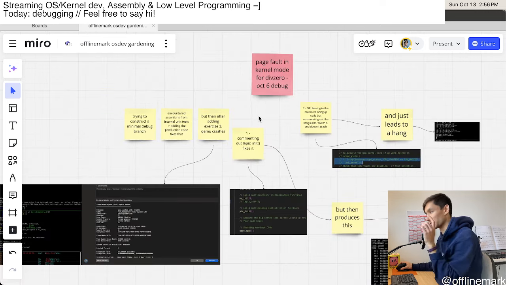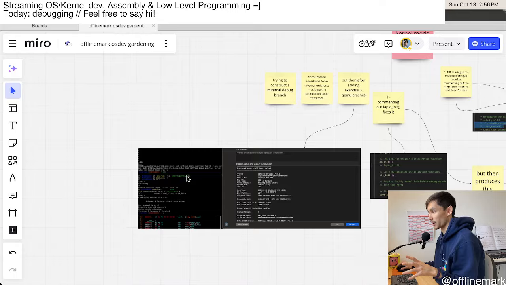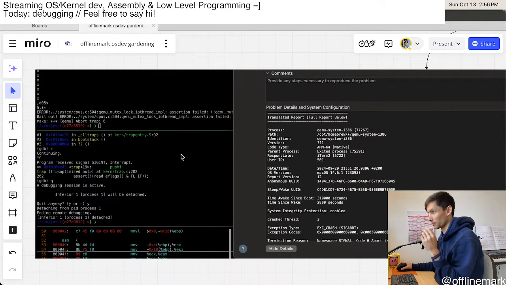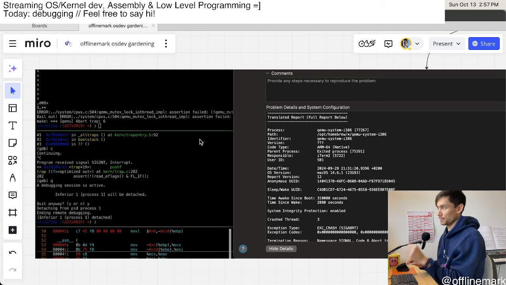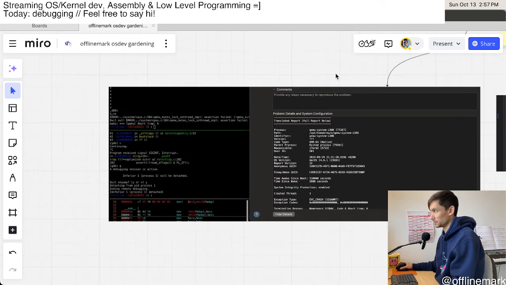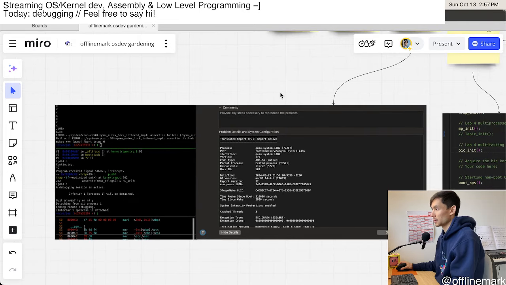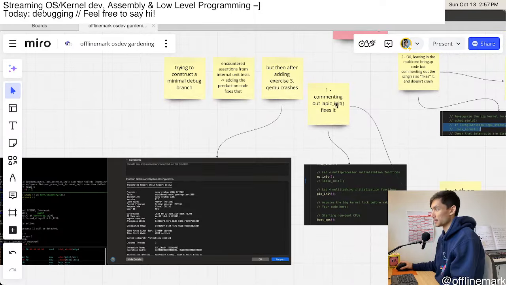For one thing, I have this QEMU crash where, after adding the code for lab 4, QEMU is crashing for reasons related to setting up multi-core support in the OS. And that's kind of mysterious.